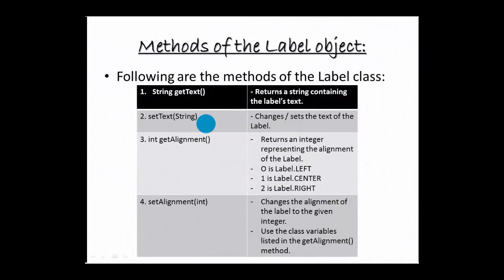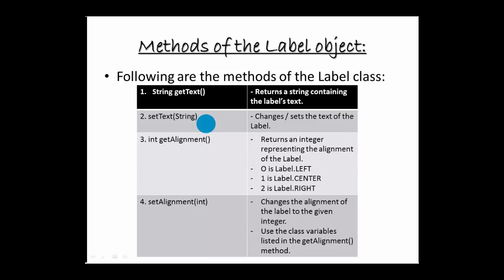Now if we want to change or set the text of a label, like if we create an empty label and then need to pass some string to it, we can do it with setText, and then pass the string value that we want to set. Here is the use of an empty label.